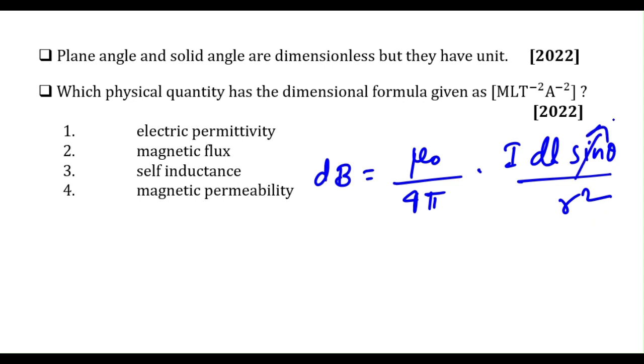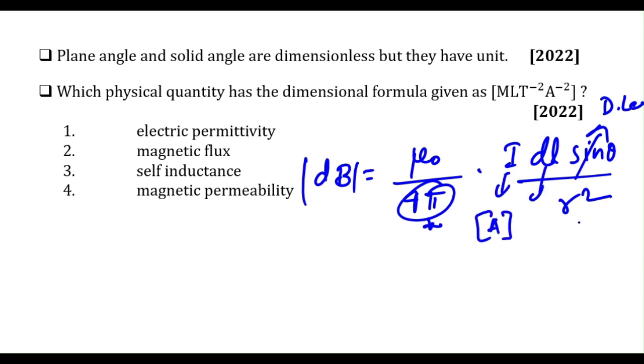So 4 pi is dimensionless, and sine theta is dimensionless. So you have to worry about this: I is a fundamental physical quantity, dl is length, r square is length square, so there will be A by L. Then here you have mu naught, and then you have to be worried about this B.